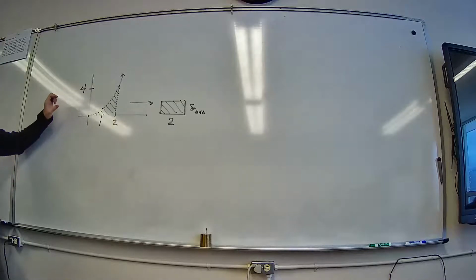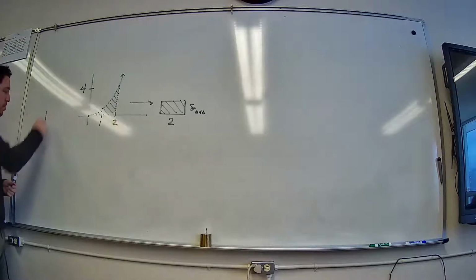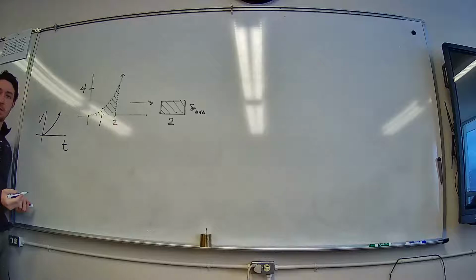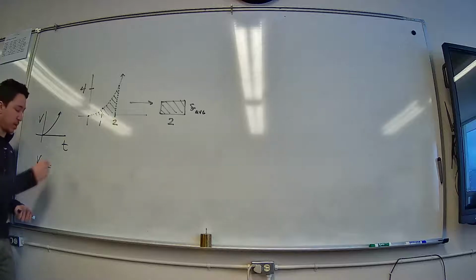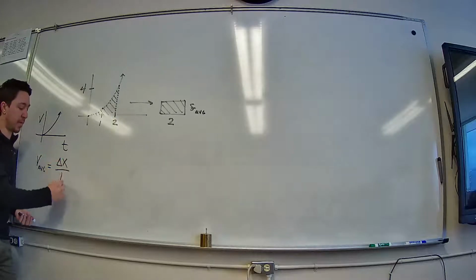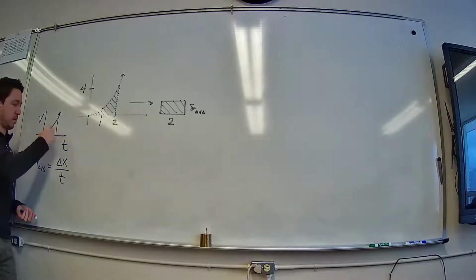Let me give you a more physical example. Suppose this was a velocity versus time graph. How would you find the average velocity? The average velocity would be the overall displacement divided by time. How do you get the overall displacement from a velocity time graph?